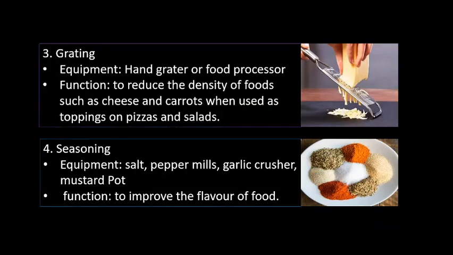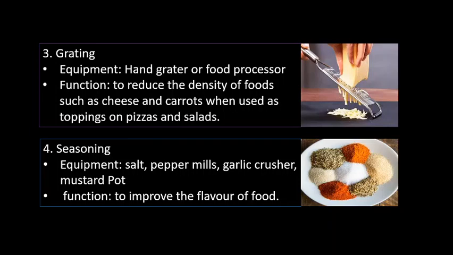Moving on to the third part, it is grating. Grating is a process to reduce the density of foods such as cheese and carrots when used as toppings on pizzas and salads. The equipment needed is a hand grater or even a food processor. Usually at home we have these hand graters, but in professional outlets they might have food processors because they do it on a large scale, right?